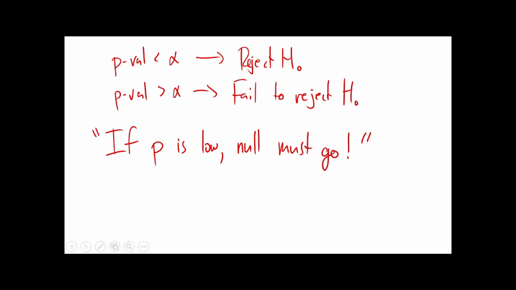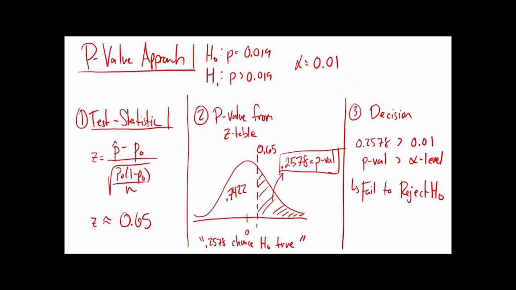So low p-values mean reject. Think you can remember that? P-value low, null must go. Reject. But notice we came up with the exact same decision.